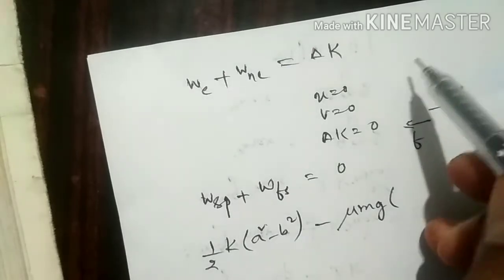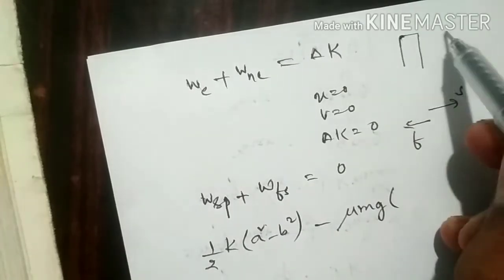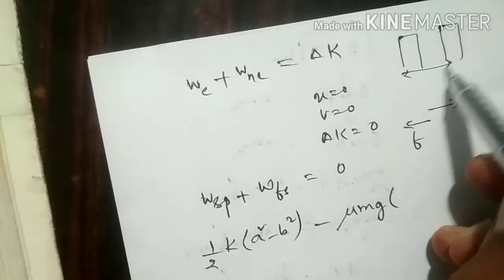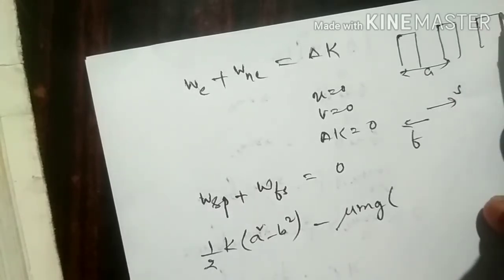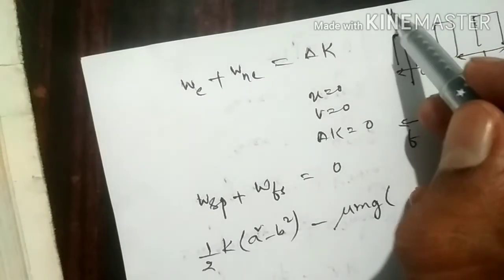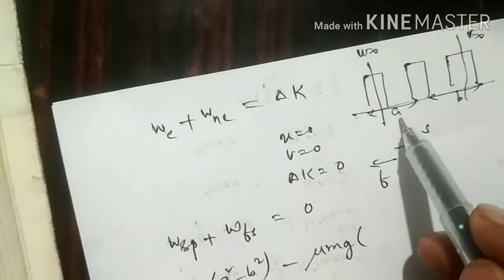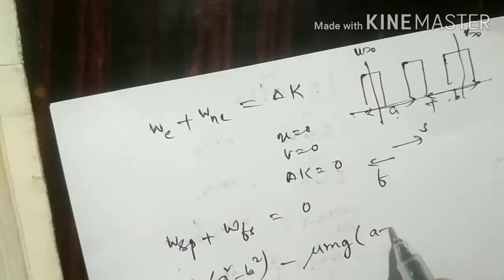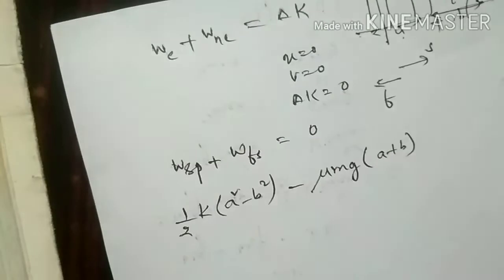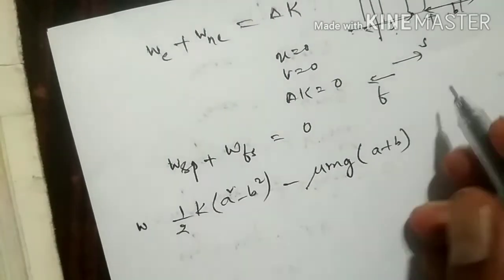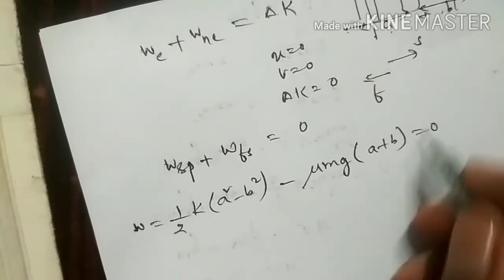If you observe the diagram, the block started from a distance a from the equilibrium and crossed a distance b, starting from velocity 0 to a final velocity 0. What is the net displacement of the block? It is a plus b. So minus mu m g into a plus b must be equal to 0.